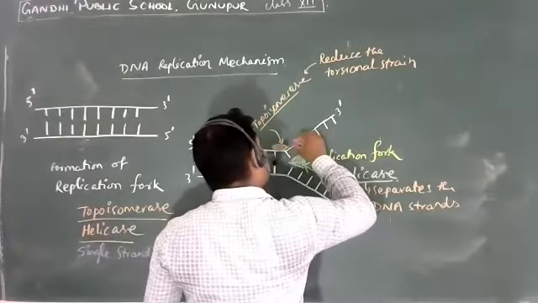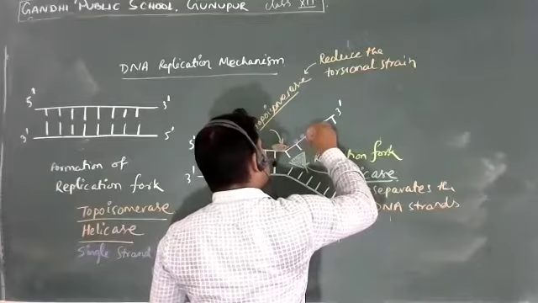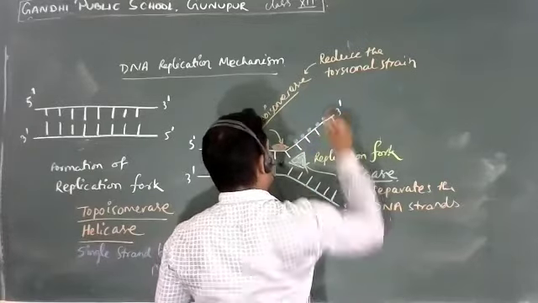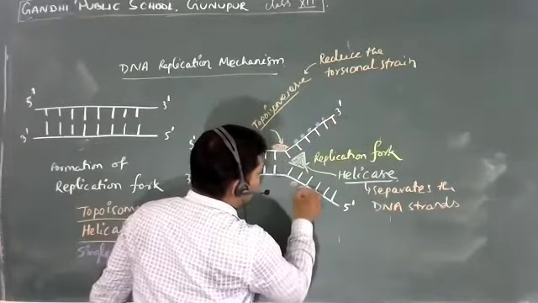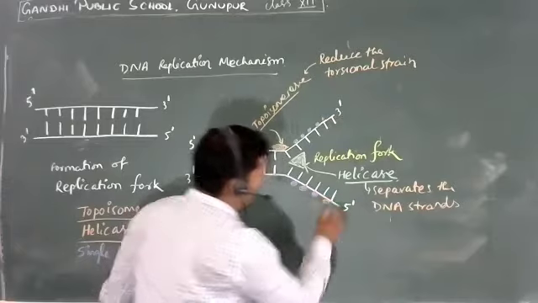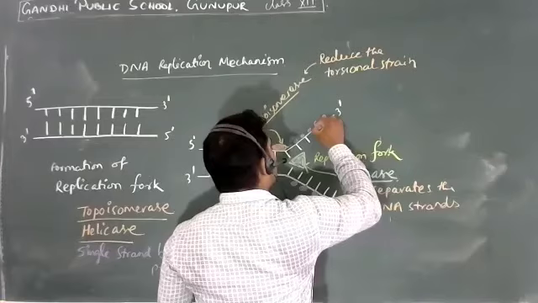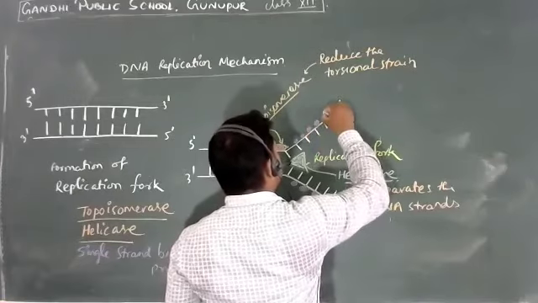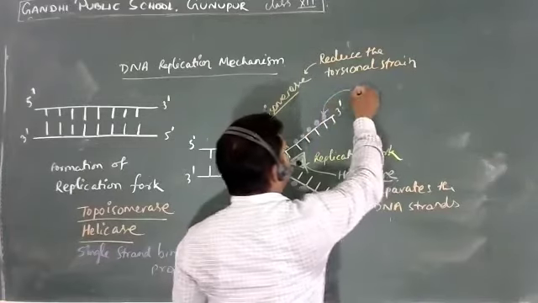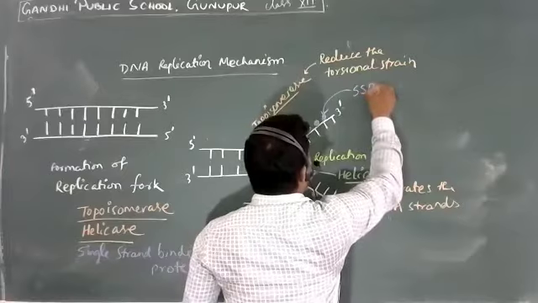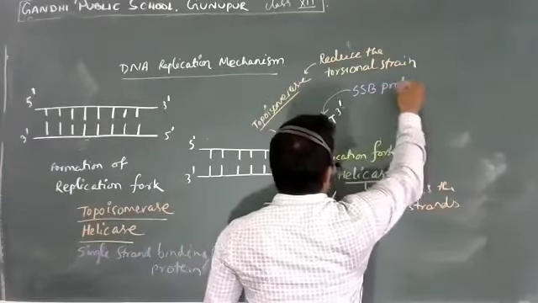When the DNA strands are separated, they need to be stabilized, and to stabilize the DNA we have this additional non-enzymatic protein, called the SSB protein.